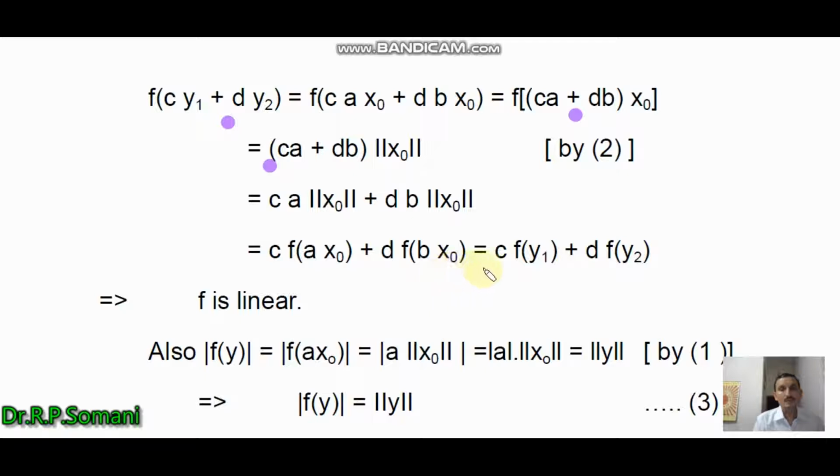So in this way we can say that f is linear.